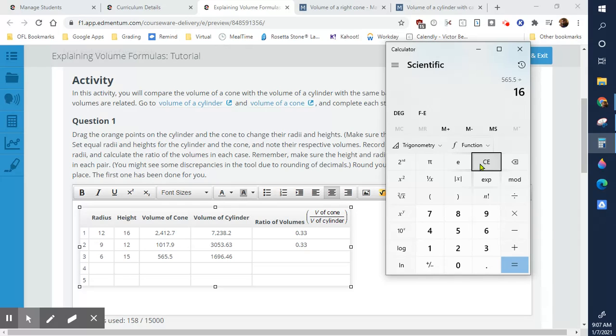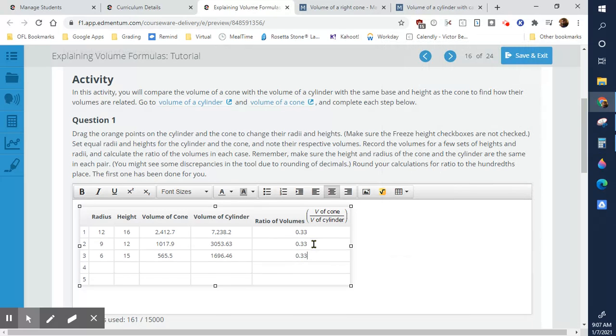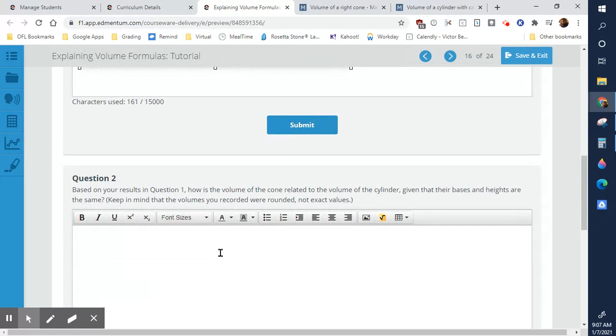So based on the things, what can we do to find the exact value? Keep in mind that volumes are recorded and rounded, not exact values. The reason why they say they're not exact values is because, especially when we're dealing with circles, pi is always going to be an approximation.